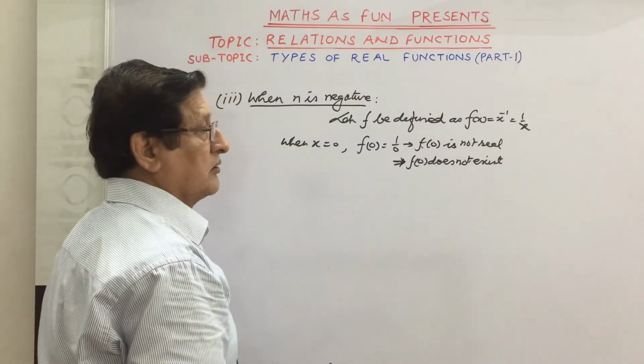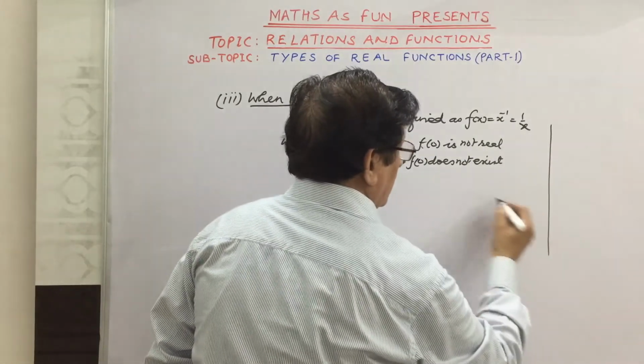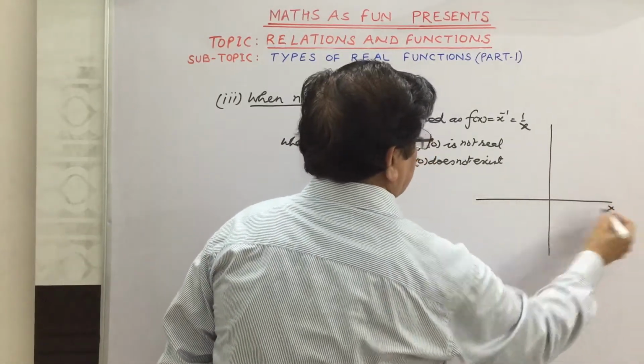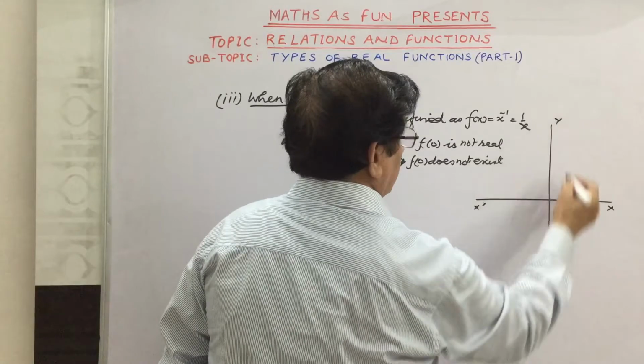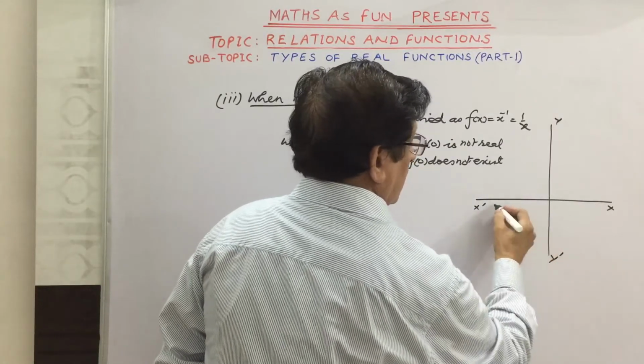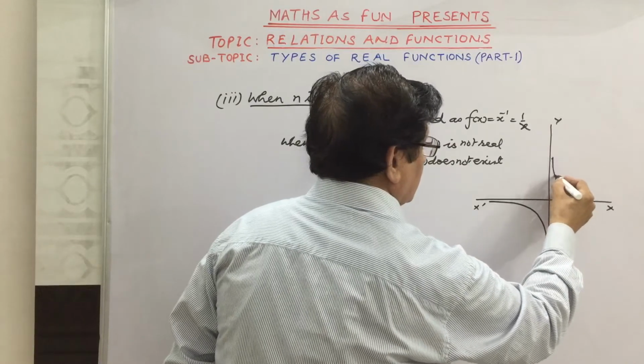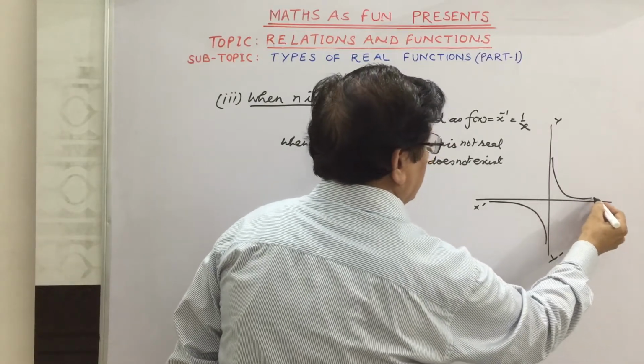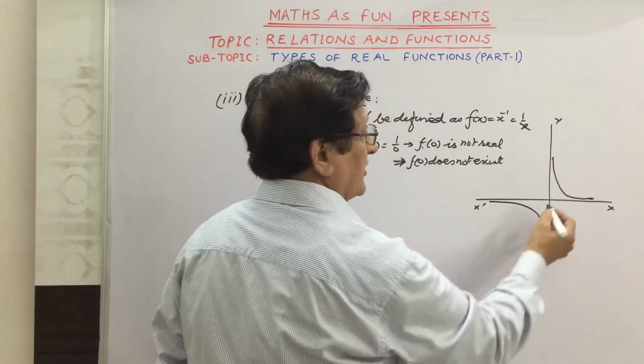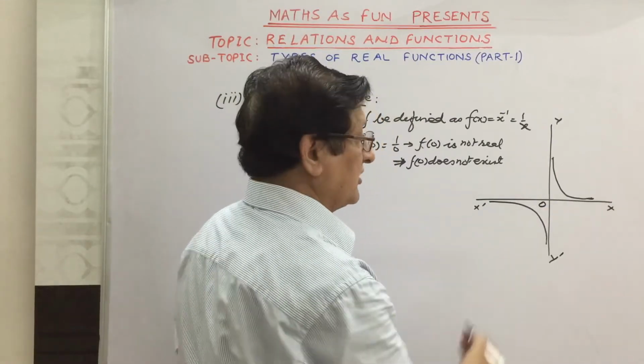And the curve for this, when we draw it, goes like this to the x-axis and y-axis on both sides, in positive and negative, but it never touches the x-axis and y-axis. What is this curve?